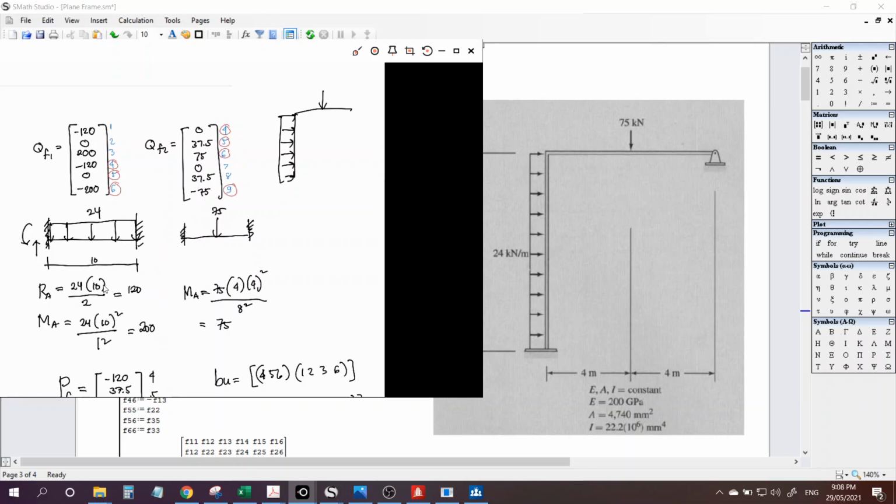And for the moment, WL squared over 12. So 24 times 10 squared over 12 is 200.